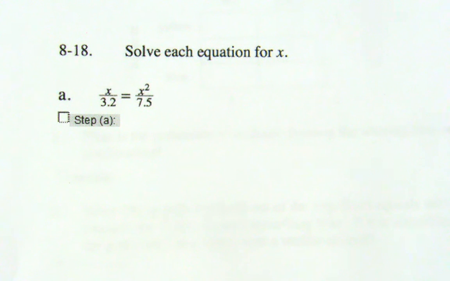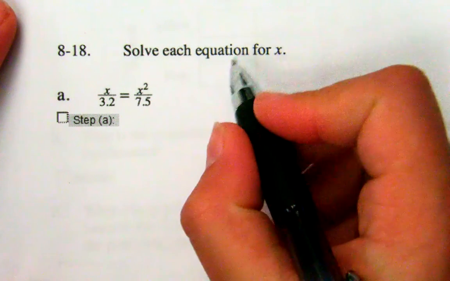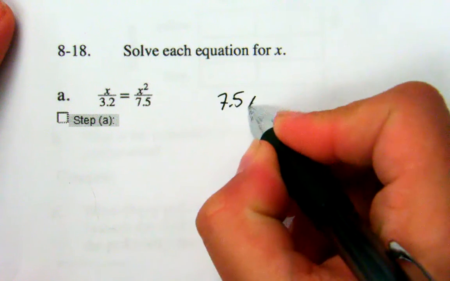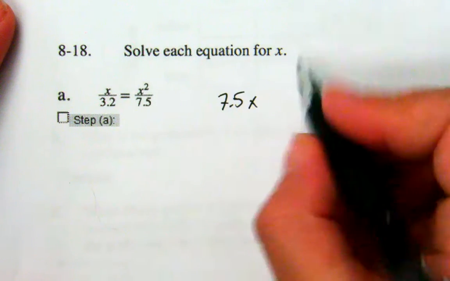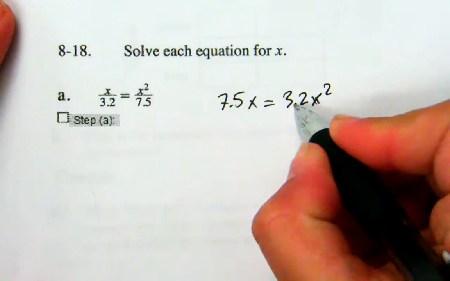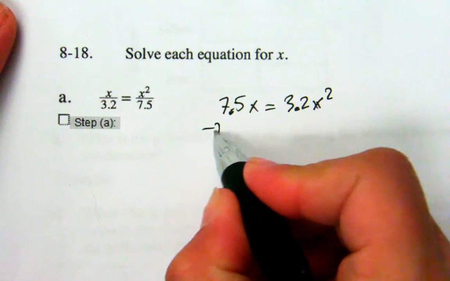I usually just do the old-fashioned term called cross multiplying. So I do x times 7.5 equals 3.2 times x squared. And then from here, you need to solve. So I'm going to move this one over to the other side.